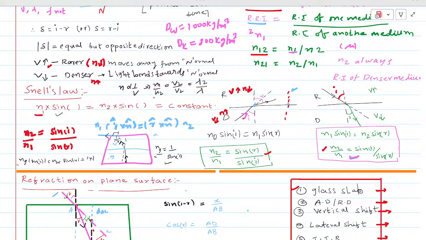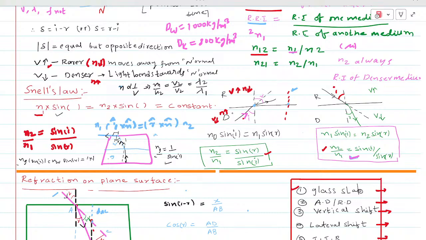So this is under refractive index. And the second law of refraction says that the incident ray, refracted ray, and normal at the point of incidence lie in the same plane.